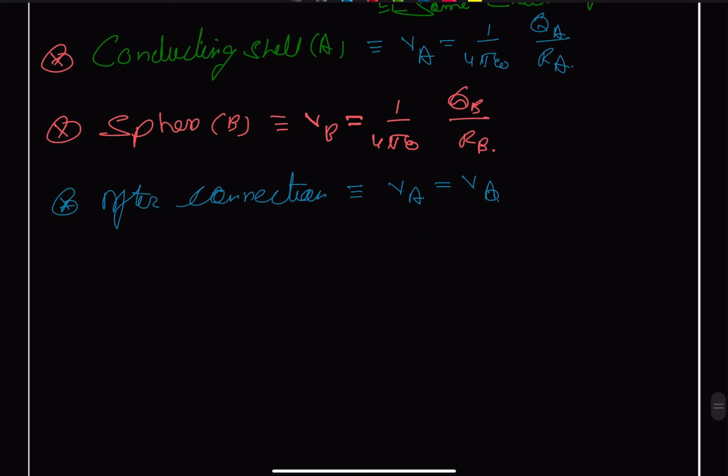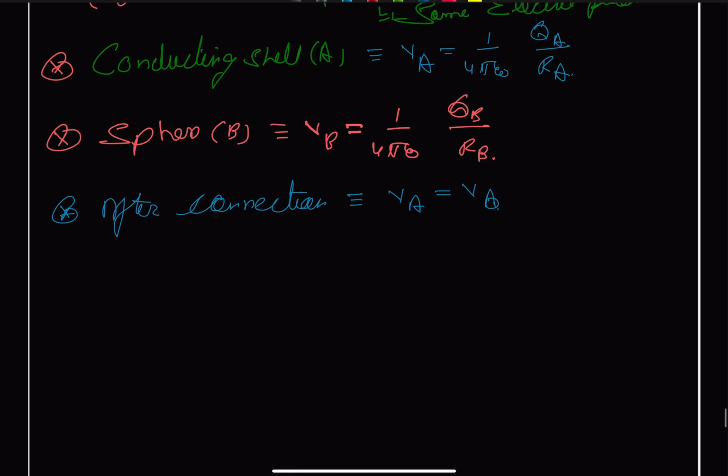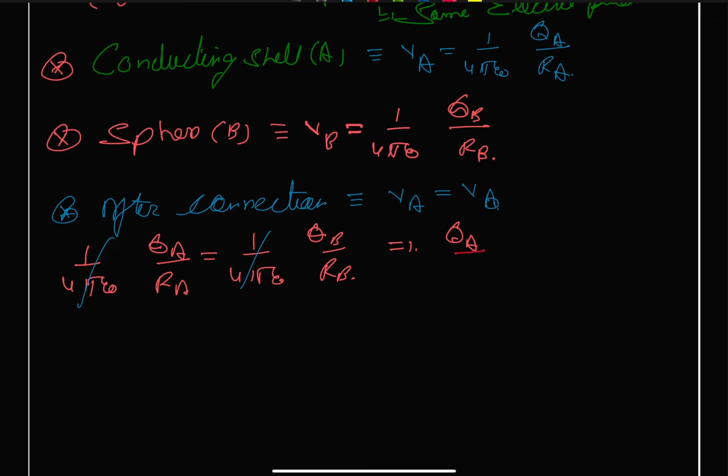So we can just equate them, and we will get 1 upon 4 pi epsilon naught QA upon RA is equal to 1 upon 4 pi epsilon naught, and we have QB upon RB. 1 upon 4 pi epsilon naught cancels out. So from here we get that QA upon QB is equal to RA upon RB.